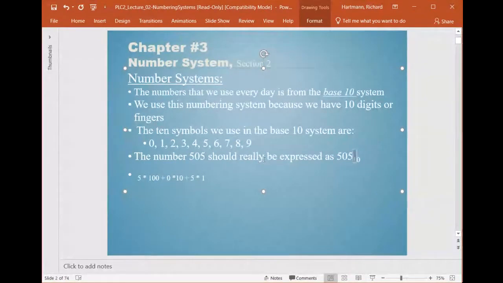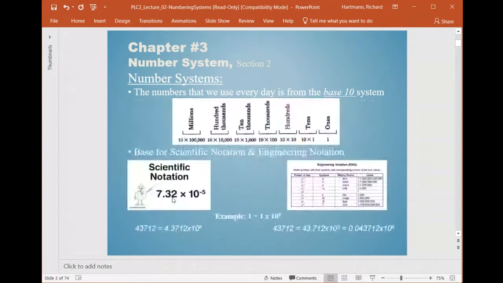The subscript here indicates base 10, the decimal system.